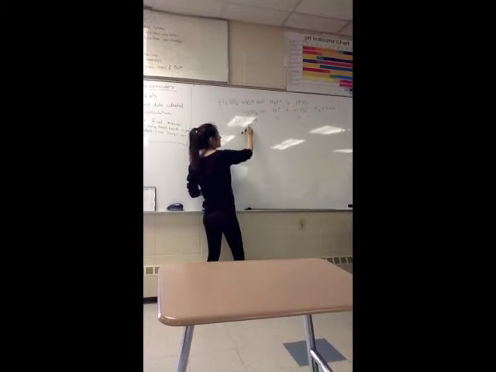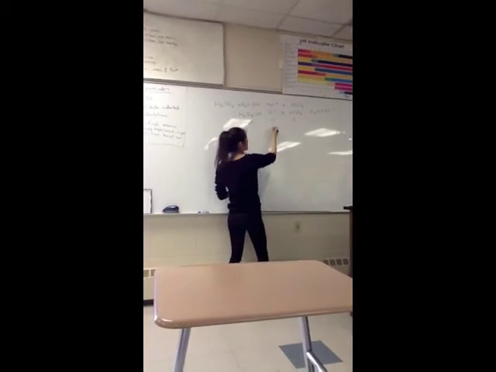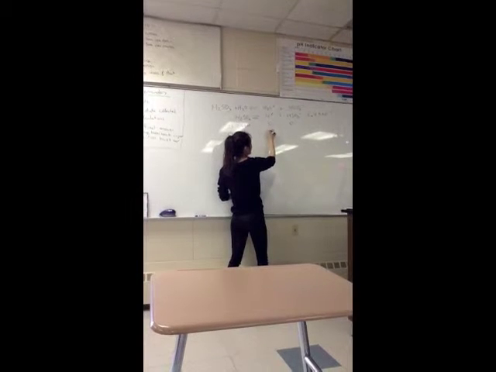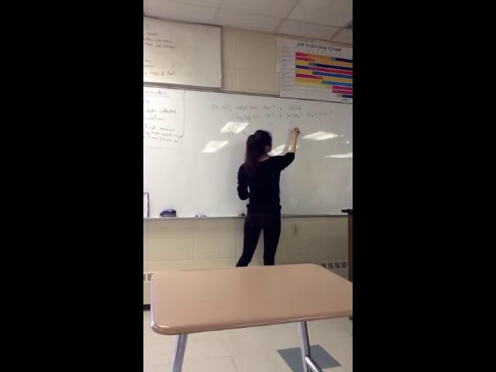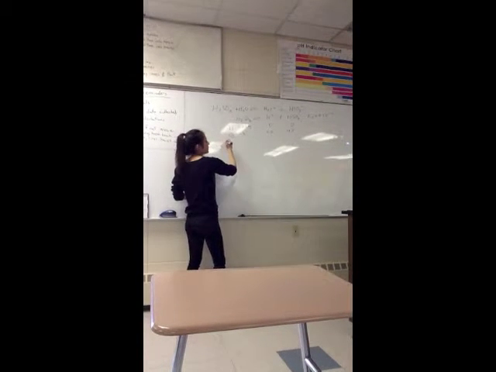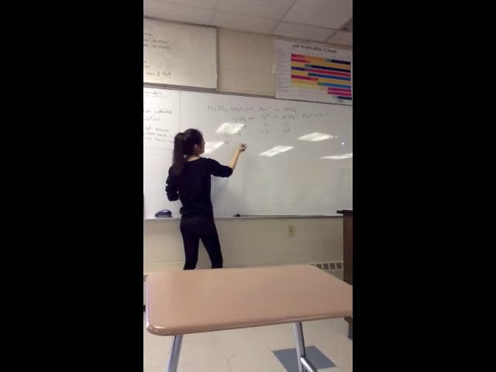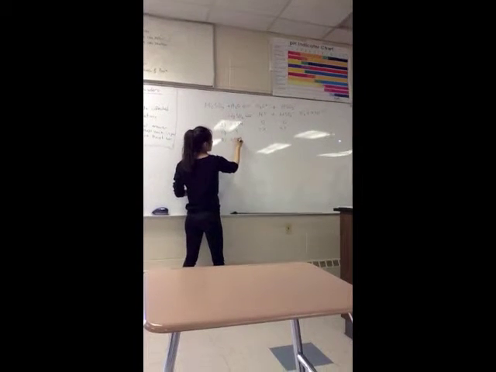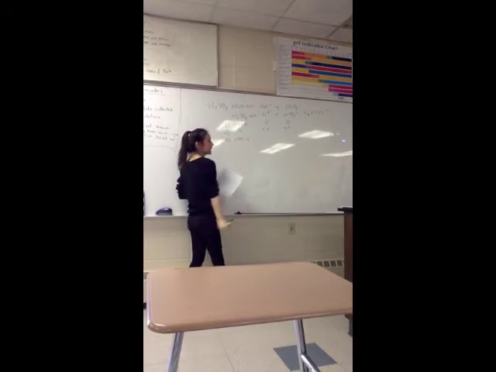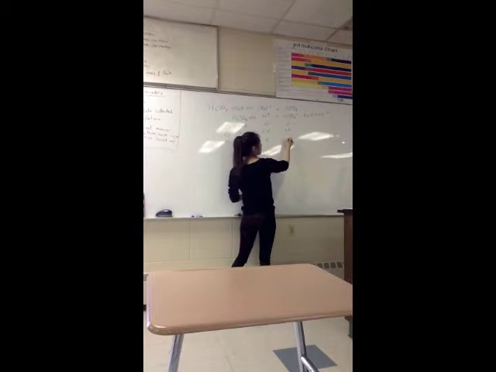We're taking away some of the initial concentration and making it into products. So I'm losing x amount, and I'm making x amount on the product side. And my equilibrium will be 0.45 minus x.